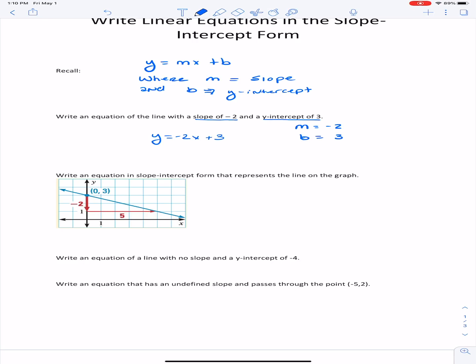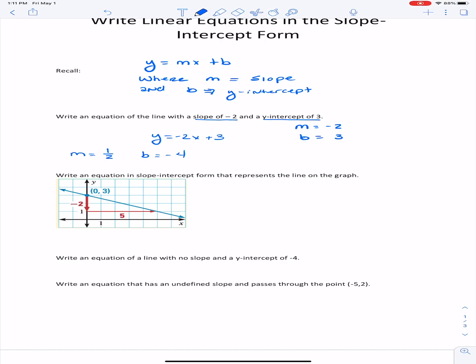Okay? Let's do another one that's that simple. Let's say that I want to write an equation that has a slope of 1/2 and a y-intercept of -4.